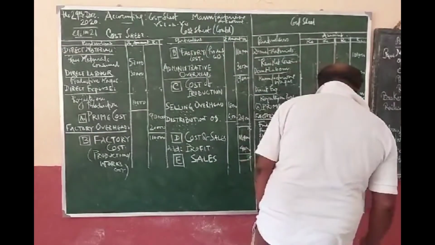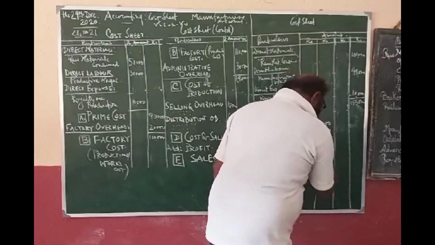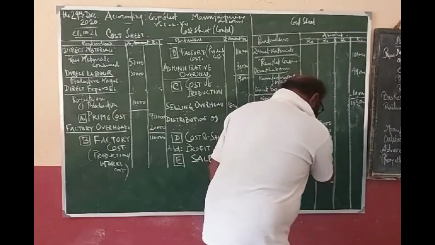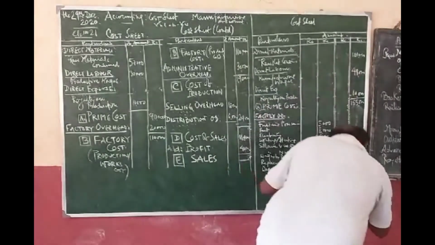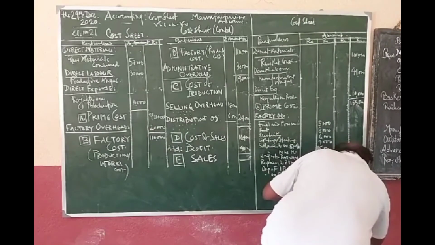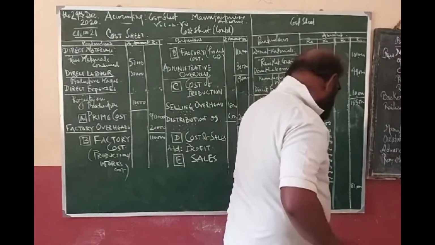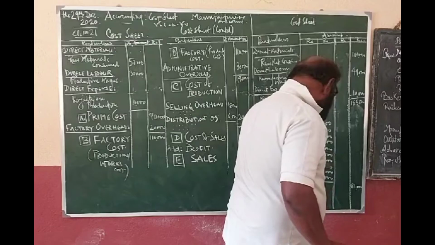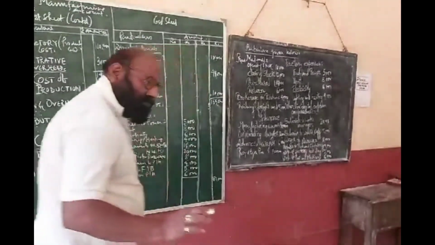How much is it? 5, 8, 13, 23, 38, 58, 60, 70, 81.